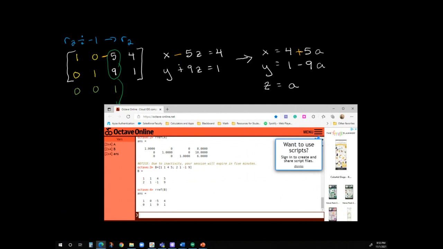And then from here, you have to create your equations. You can't just read off your answers because it is a system with infinite solutions. And always check your answers, because then you'll see where you went wrong. Are there any questions?